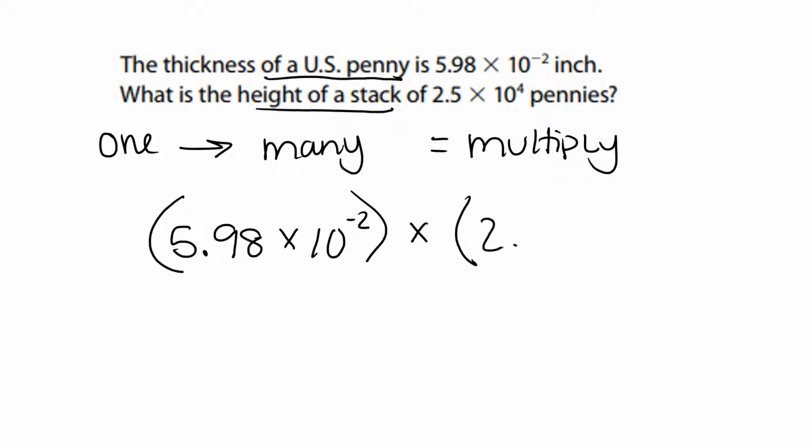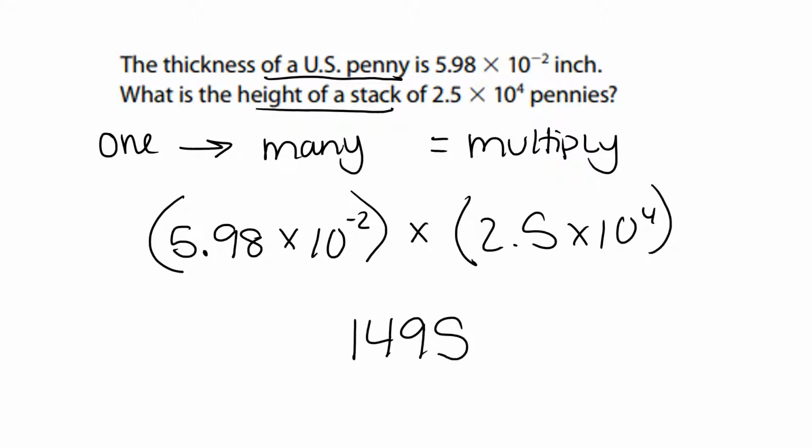Times the second number, 2.5 times 10 to the 4th. Again, also in parentheses. When we type it in the calculator, we still have to use our parentheses, typing it in exactly as we see it. And the calculator gives us the answer of 1495.